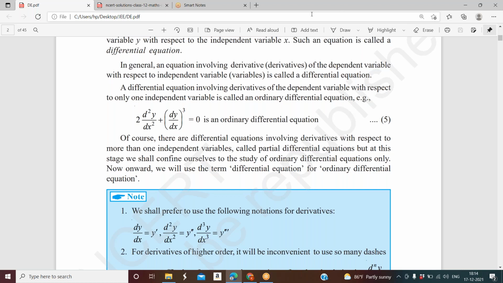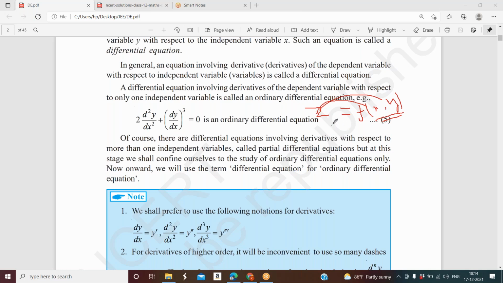for example, I'll tell you, z is a function of x and y. Here z is depending on x as well as depending on y. So z is a dependent variable, whereas we can see two independent variables, x and y. Both are independent variables. So we can see more than one independent variable in this case.